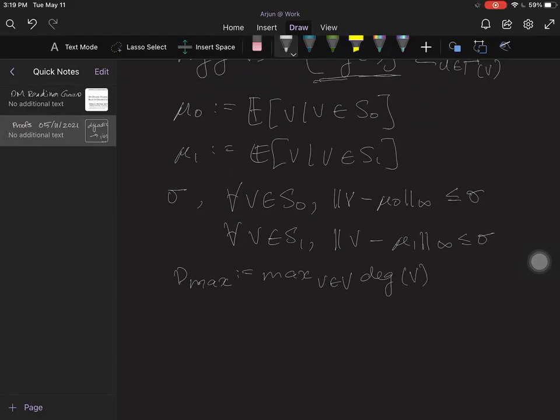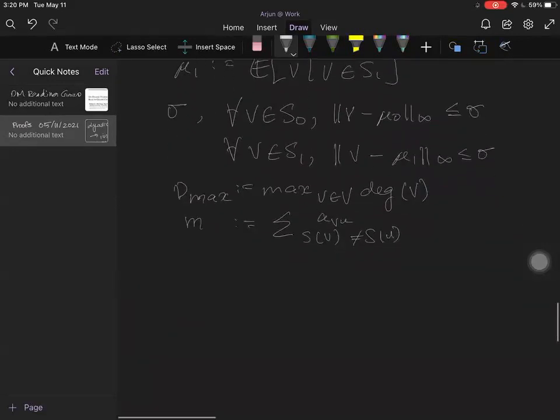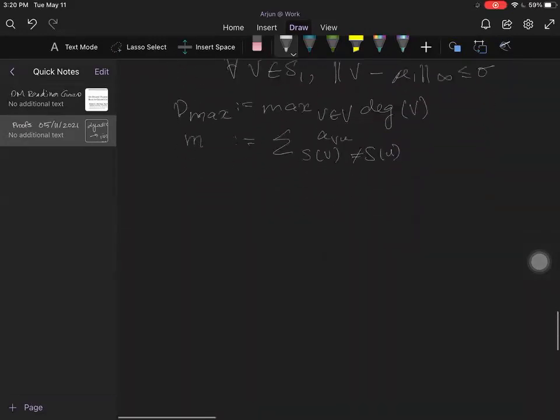And additionally, we're going to have this variable M, which represents the sum of all the link weights, all the interlink weights. Okay, cool. A lot of notation.